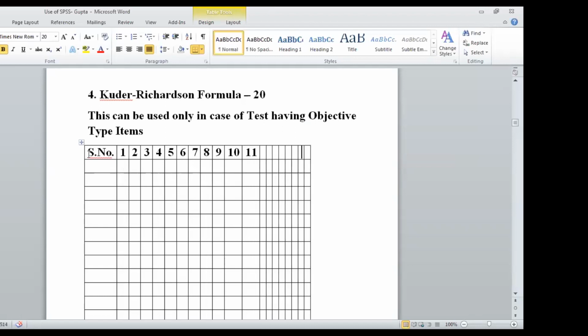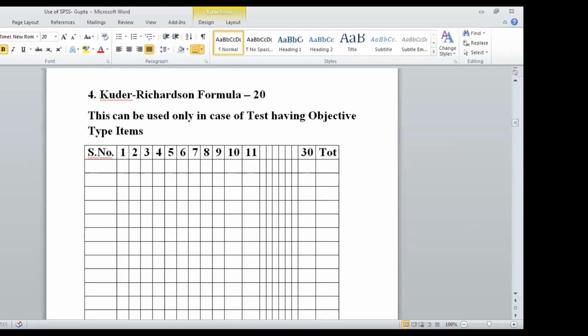And suppose you have total items as 30. And then you can find out the total here. Now this is your one subject, another.